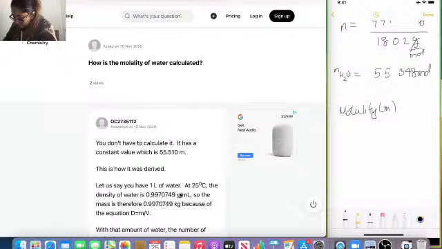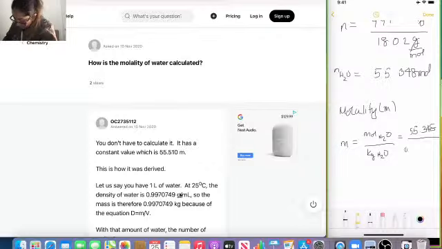To calculate molality here, we are just going to use the moles of water, H2O, over kg H2O. So what you have here is 55.348 over our kilograms.